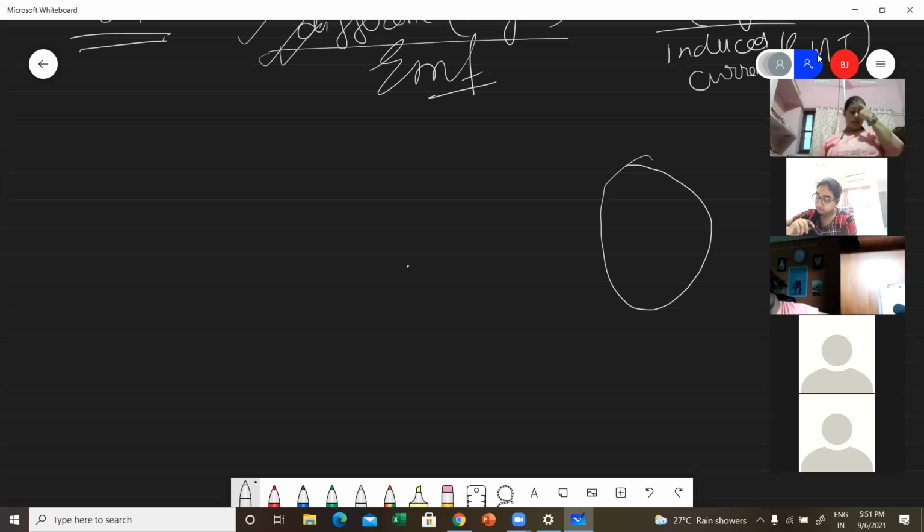Okay. Now, next point. The potential difference, or you can say the EMF, just write it down in the bracket, the potential difference. EMF is nothing but a potential difference. The EMF induced because of the magnetic field lines is known as induced EMF.